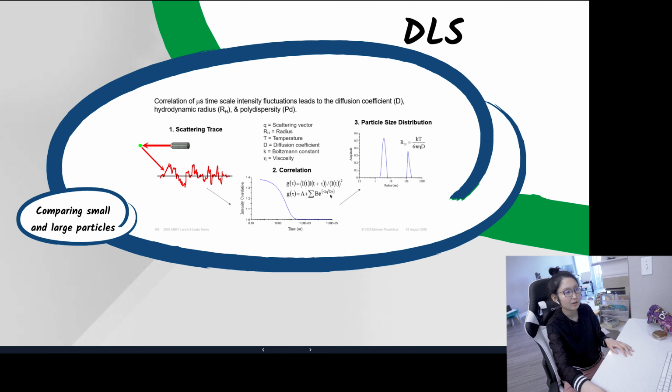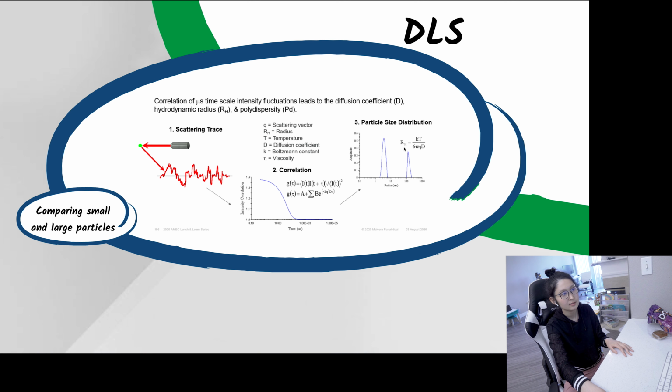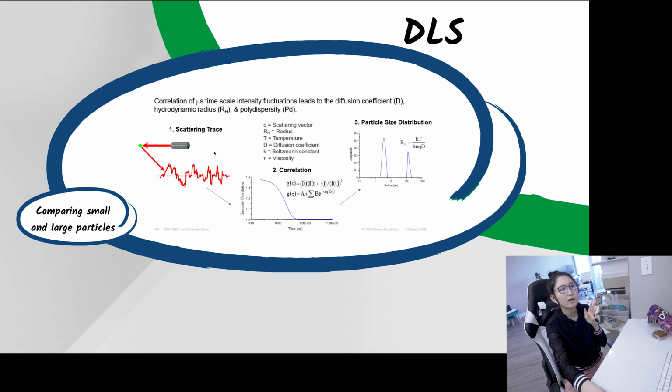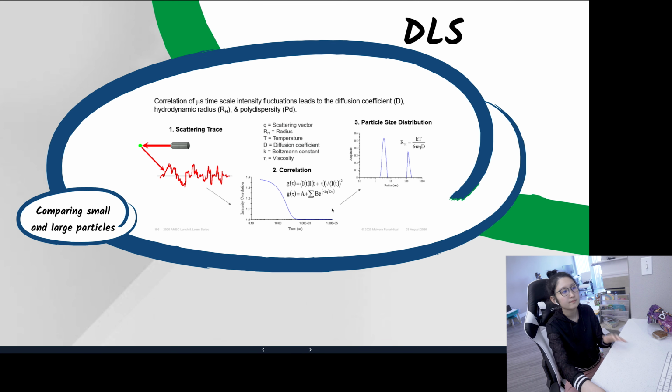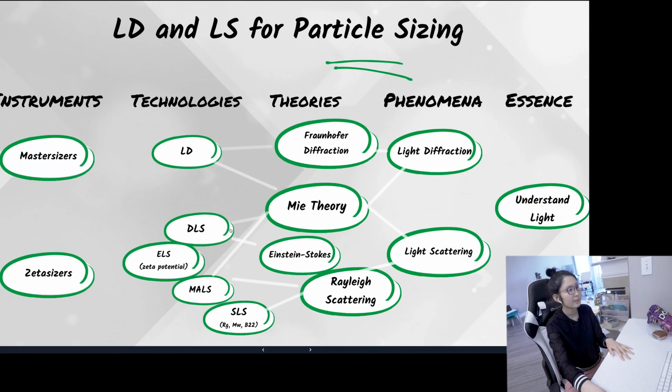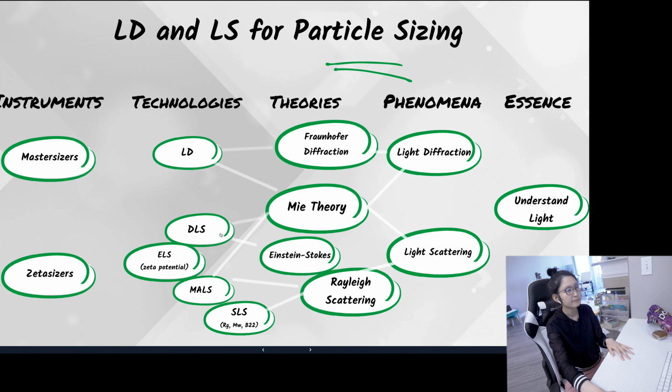Then from this diffusion coefficient, we calculate its radius by the Einstein-Stokes equation. So we're measuring the diffusion of the particles by measuring the fluctuation of the scattered light and then the autocorrelation function. Cool. Then that's DLS, dynamic light scattering.